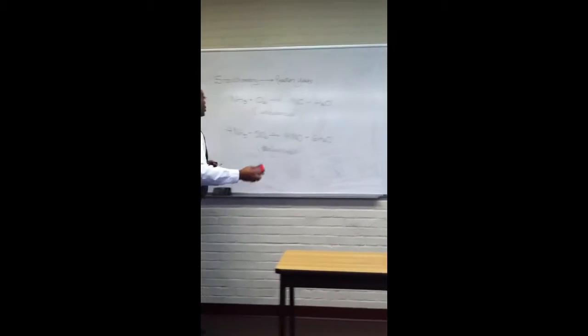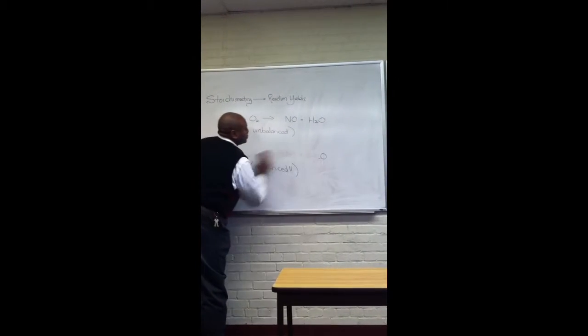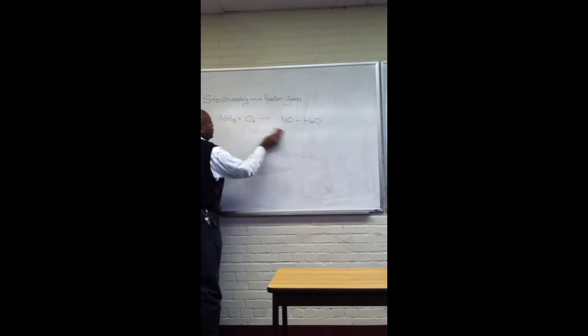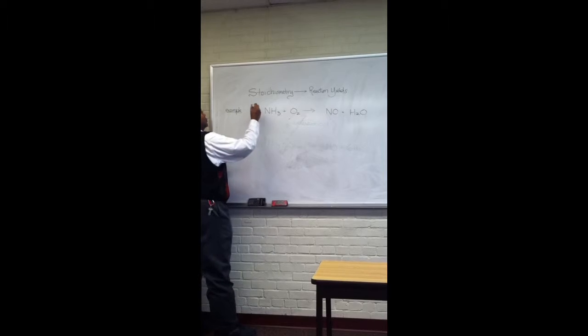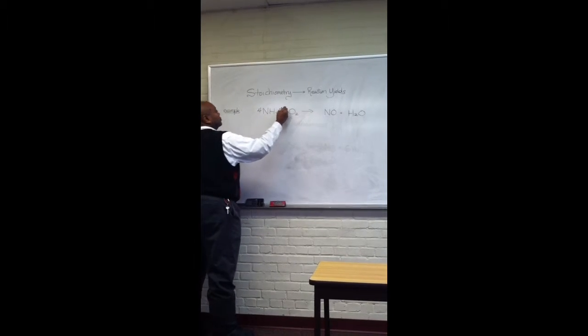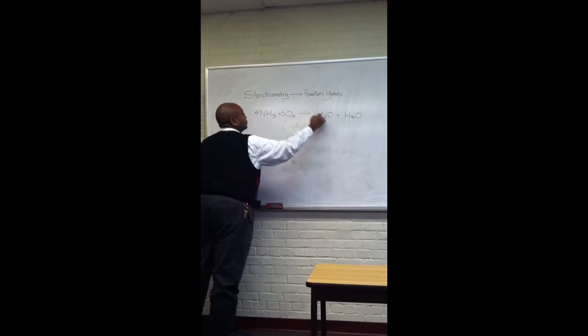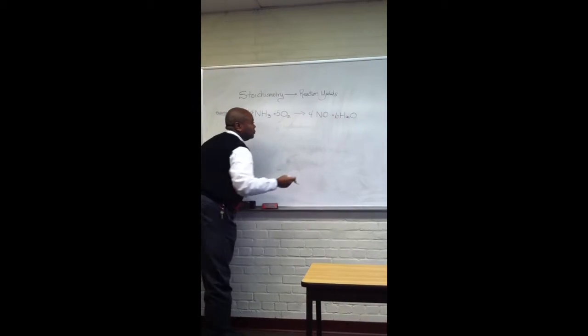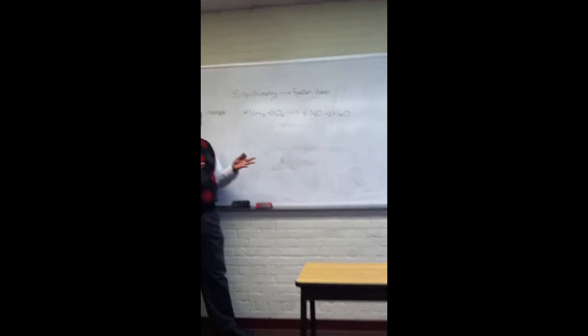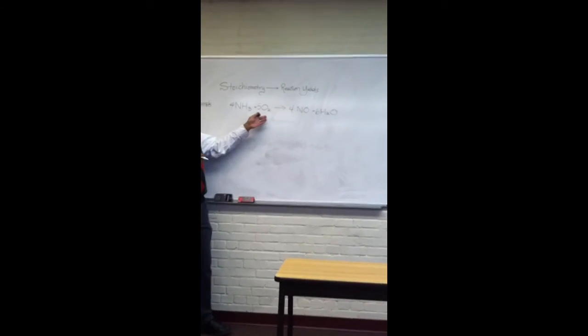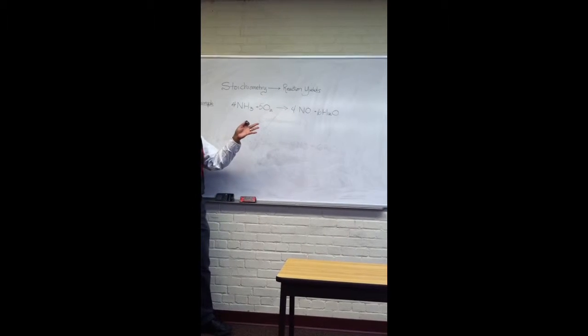For that, we need to go back to the balanced chemical equation and look at the relative amounts of ammonia to oxygen and vice versa.